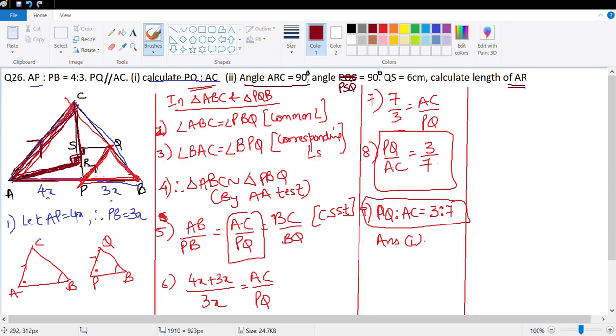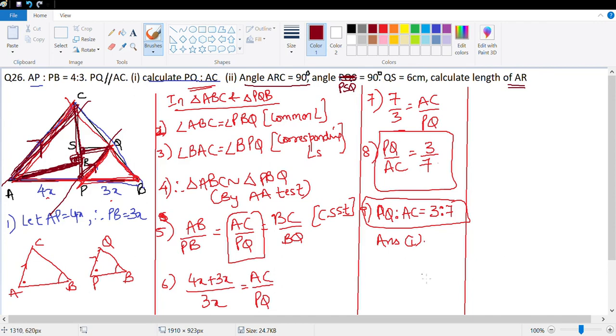So this line has to be in focus and this triangle. So yes, I am looking at SPQ and ARC because I will get one angle 90 and these lines are parallel, which means I should be able to get a corresponding angle equal.